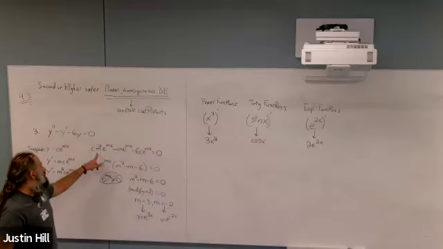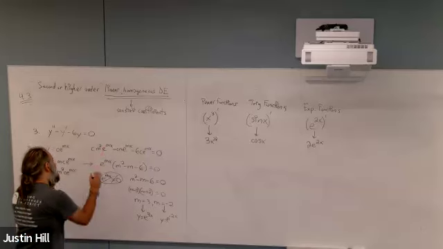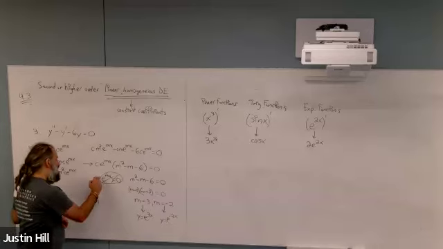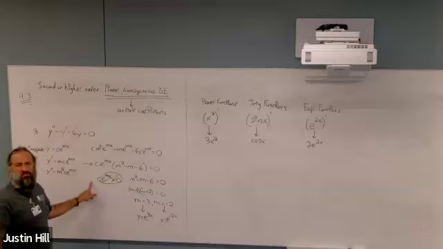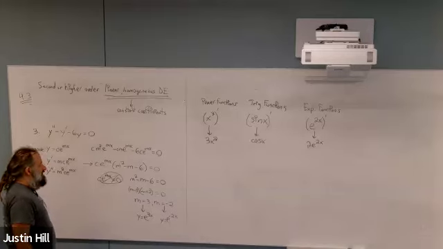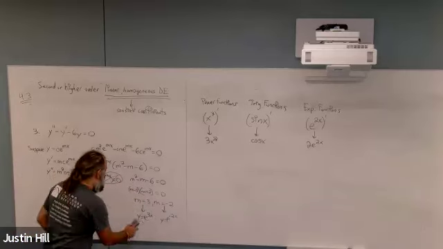And so when we factor out a common factor, the common factor is no longer just e to the mx, it's e to the mx times c. But still, c times e to the mx can't equal 0, assuming c isn't 0. So we'll always assume that our coefficient isn't 0. It still means m squared minus m minus 6 equals 0. So we still end up with the same solutions here.